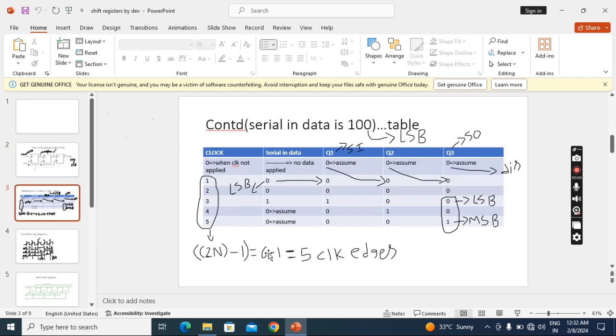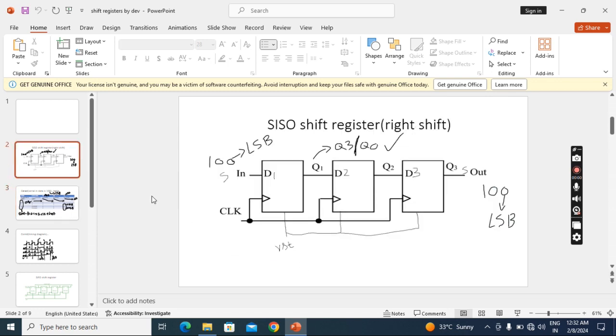It means 2 into n, 2 into 3, 6. 6 minus 1, 5. So after applying 5 clock edges only, we can get the output. Okay, for 3-bit data, we need 5 clock pulses. Remember that. Okay, suppose the data is 4-bit, then we need 7 clock pulses, like that.